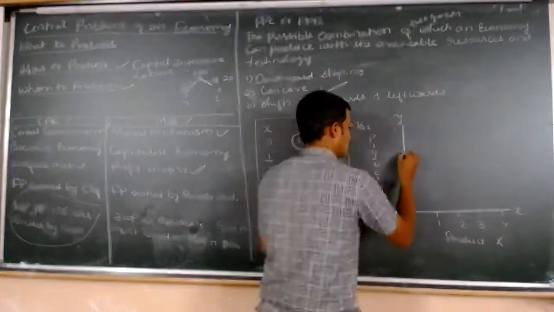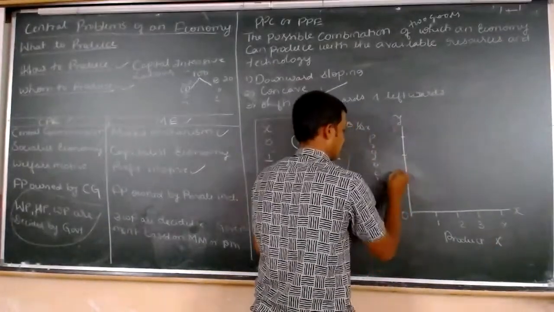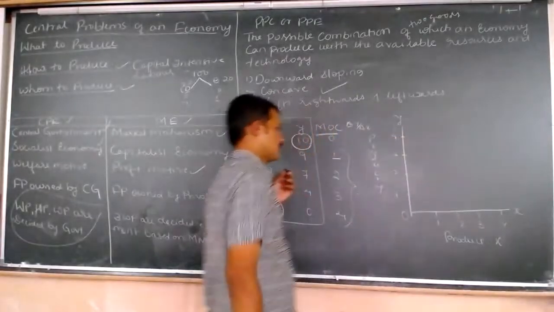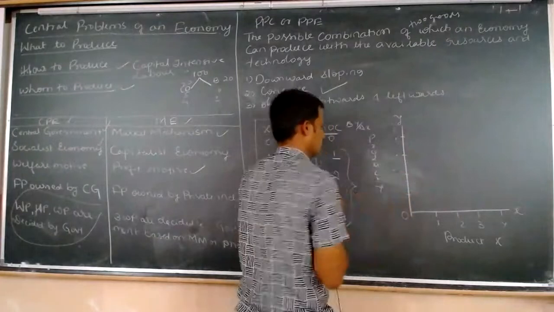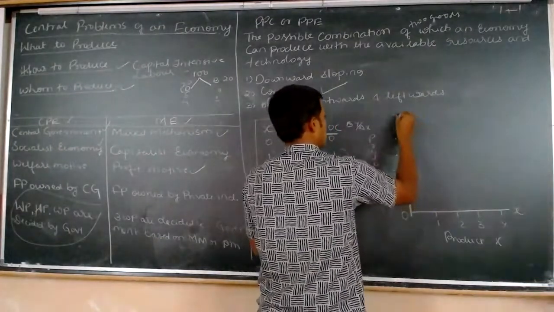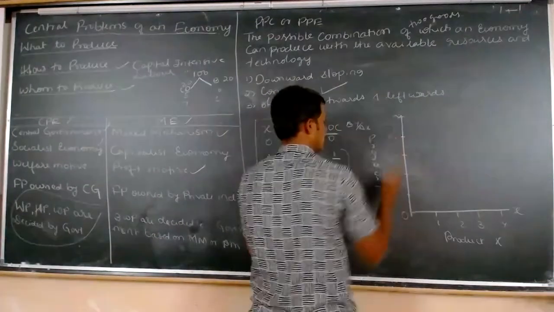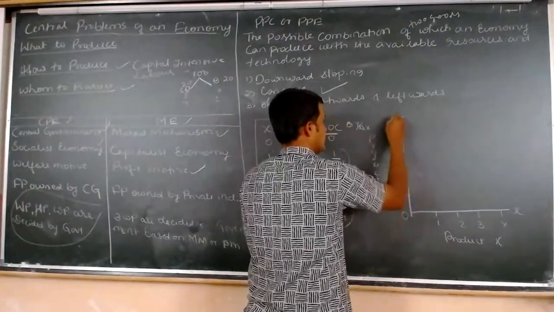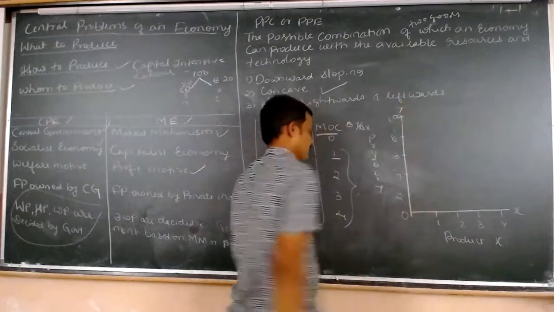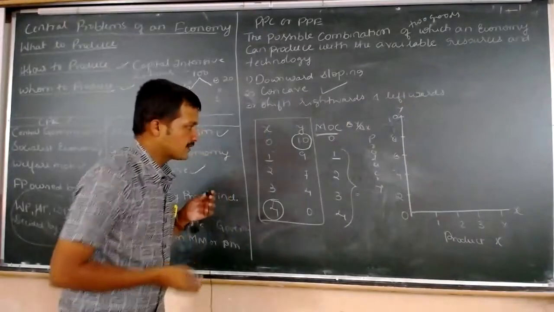Sorry, it is 1, 2, 3, 4. So in the Y, it is up to 10. Okay, so it will be 2, 4, 6, 8, and 10. Now let us start solving.